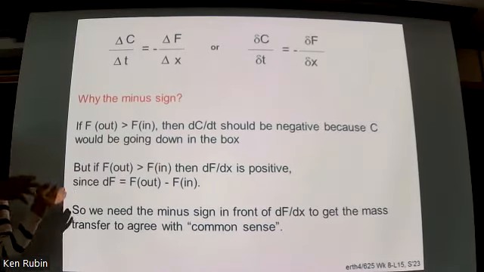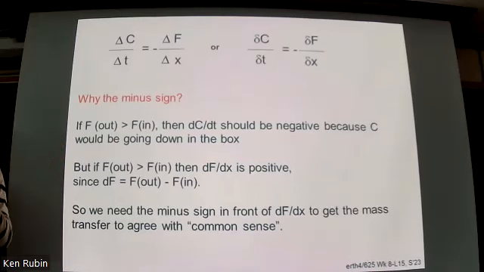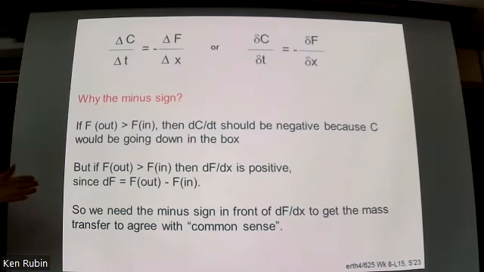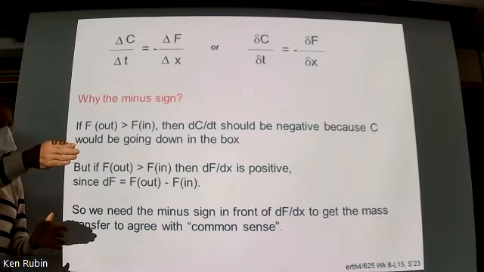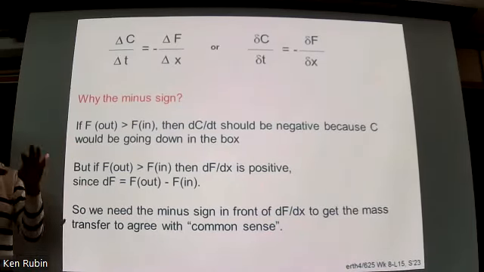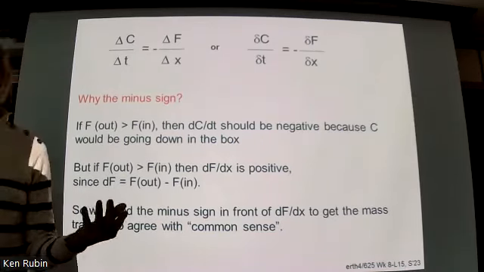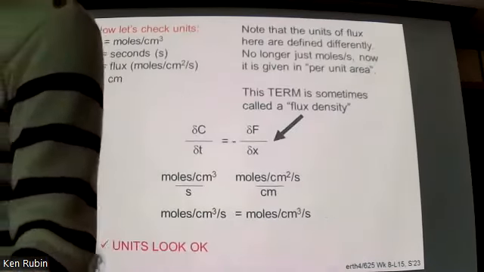If the flux coming in were bigger than the flux going out, then the stuff would go up. But since our positive x direction is in the opposite direction, we'd have a minus, and we'd have two minuses that would go together that would allow us to then calculate the situation where flux out is less than flux in. So I think the minus sign actually makes kind of common intuitive sense.